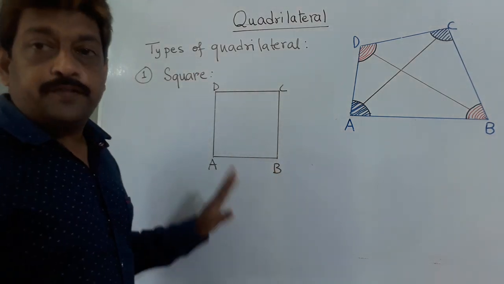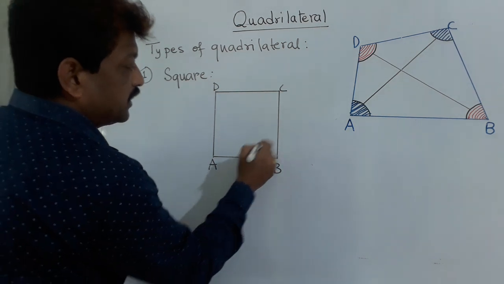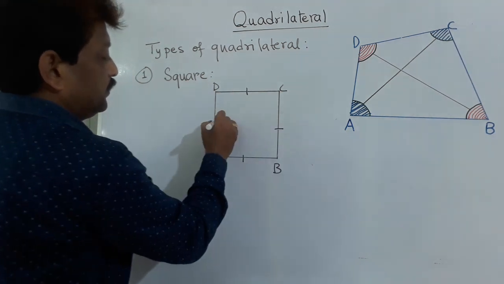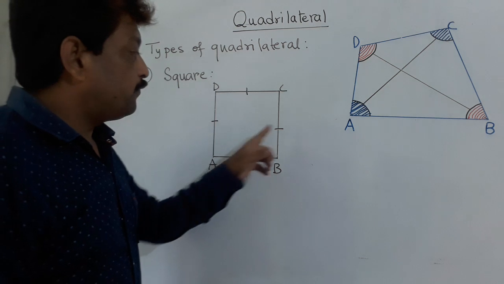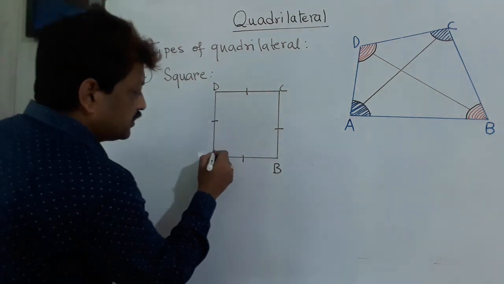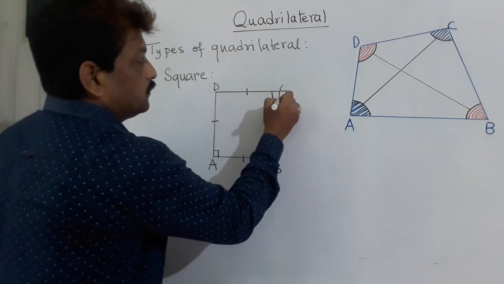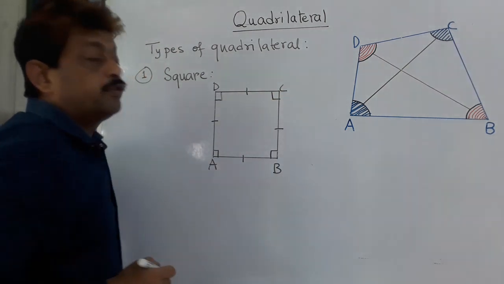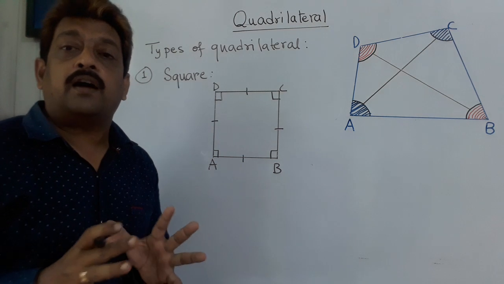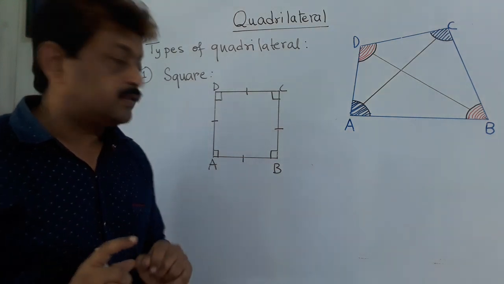What is the speciality of a square? That is, all four sides are equal. It is a quadrilateral whose all four sides are equal, as well as the included angles are also equal. All the four angles are equal and they are equal to 90 degrees.